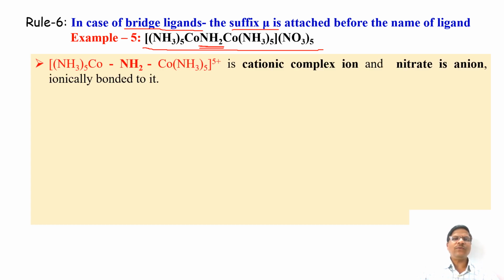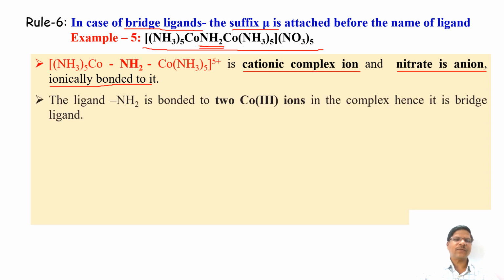The complex is cationic in nature and the 5 nitrate anions are ionically bonded to it. So we will write down the name of the complex ion first, followed by the name of the nitrate. The very first will be the bridge ligand, NH2.